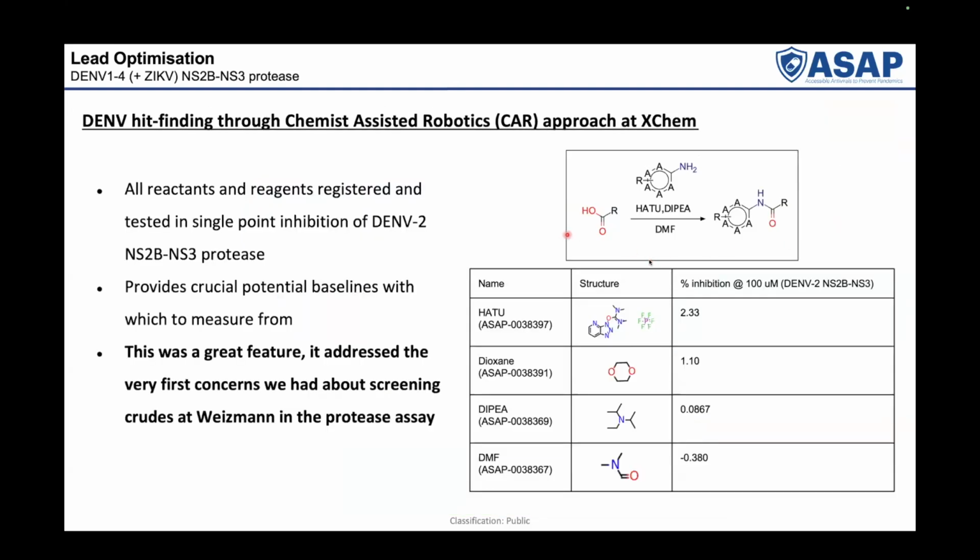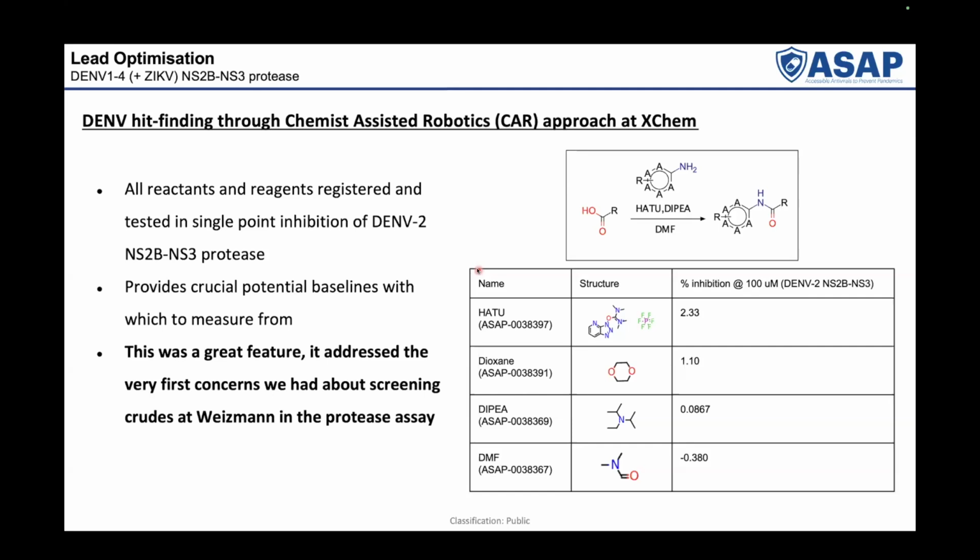So, focusing a little bit on crudes and the challenges with using crudes, one of the key experiments that we did, and it's a really super obvious one, was submitting all the reagents and building blocks in a single point measurement, and if they did show any inhibition, for a further full dose response.